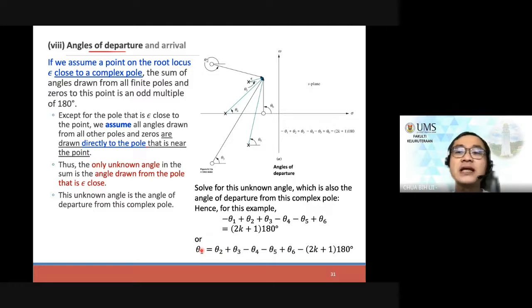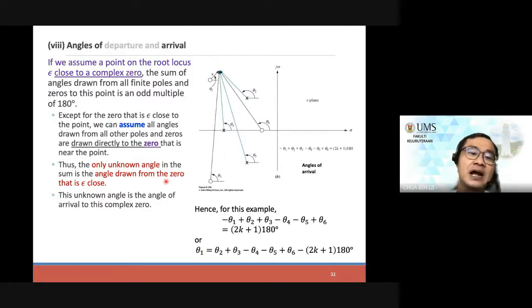Same concept for the angle of arrival. Arrival would be where it comes to the zero. So again, assume a point very close, with the same equations basically, because it's still relying on the concept of roots. We test whether this is a root or not, so it must comply with these rules.